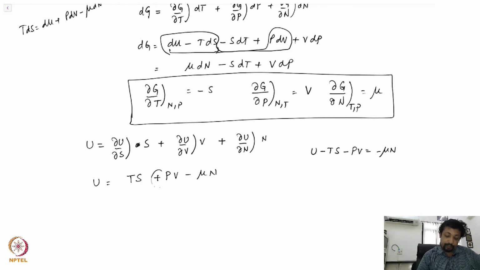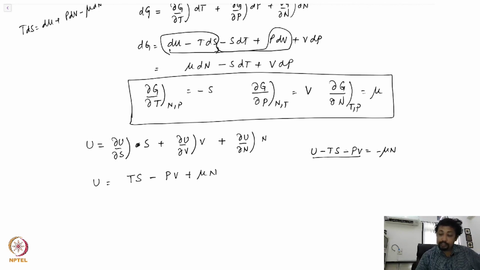There is a problem with the sign over here. This has to be minus. So let's rub this. This has to be minus. So U minus TS, and this has to be plus.